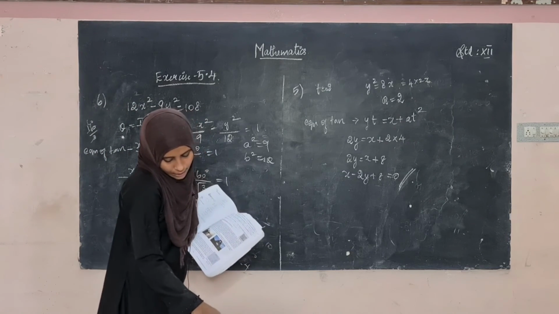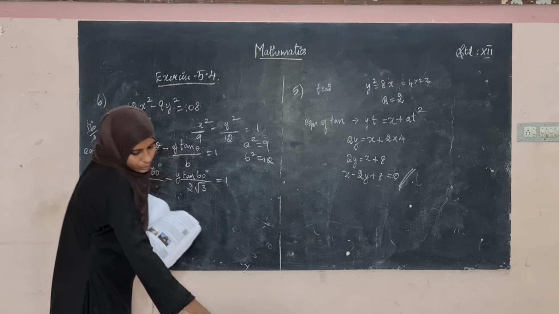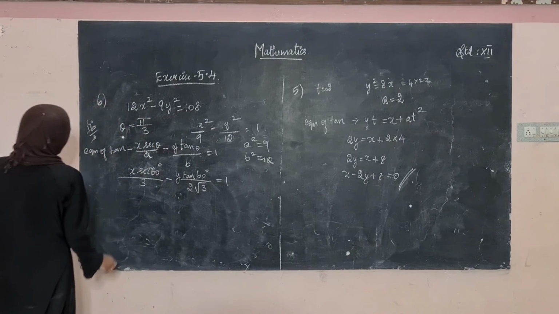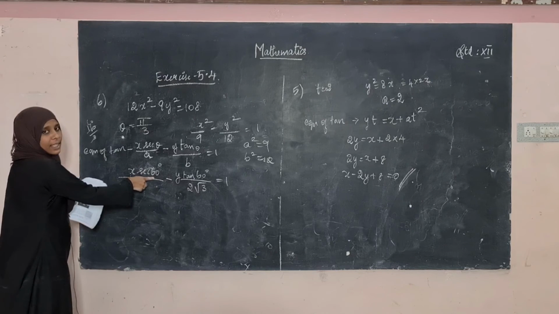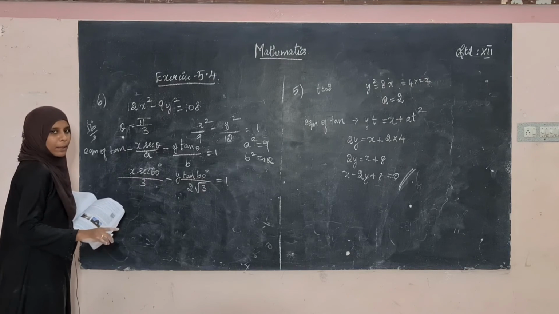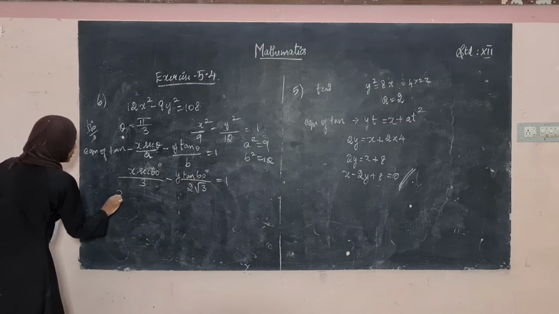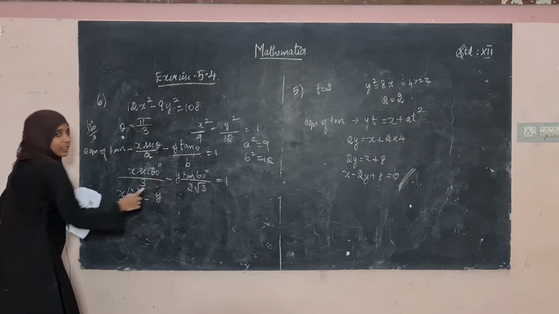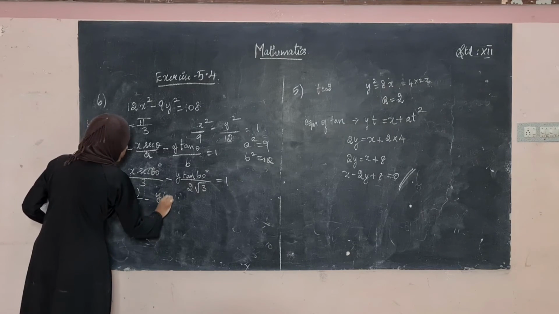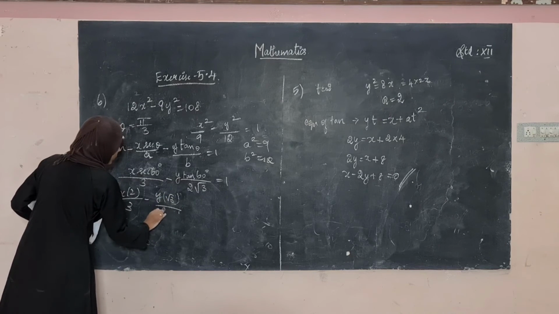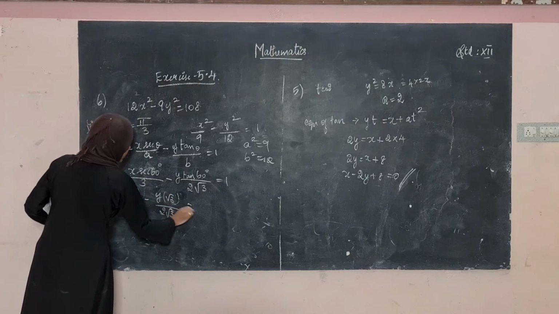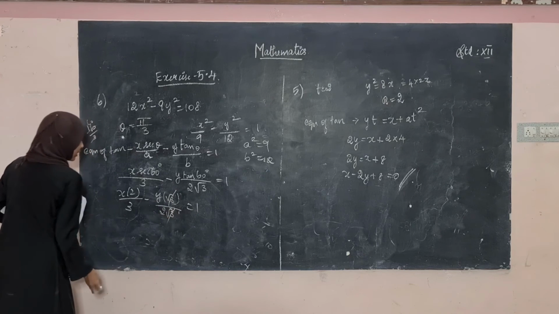Now we can find this. What is secant 60 degree? Cos 60 degree is 1 by 2, so secant 60 degree is 2. So 2x divided by 3 minus y into tan 60 degree, which is root 3, divided by 2 into root 3, is equal to 1. We can cancel this.